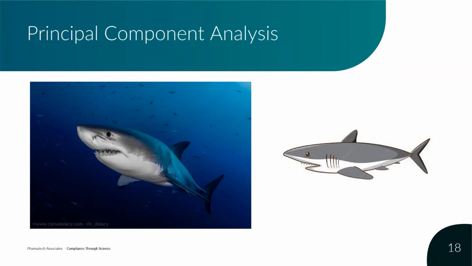If you had a stuffed shark animal toy, perhaps, and you held it and looked at it from all sorts of different angles, you're going to be able to tell that it's a shark. Now, if you just have a picture of a shark, it's still a shark. But of course, the angle of approach here is going to be different. You might not be able to tell in all situations, but principal component analysis does allow you to get rid of any redundancy, to reduce the data down to something that's much more manageable.